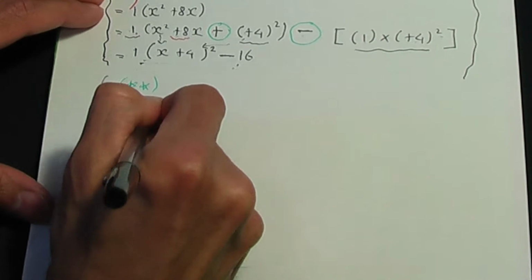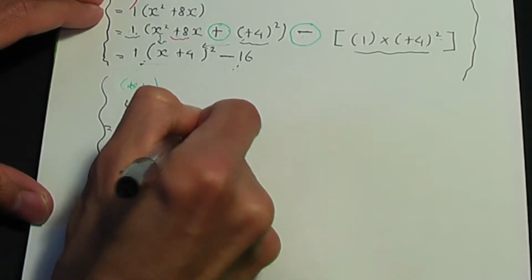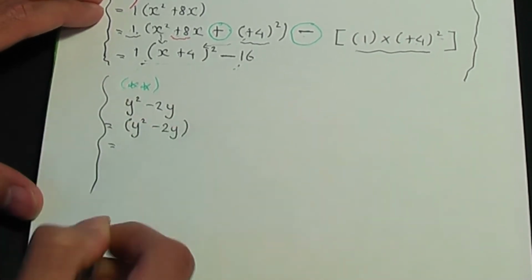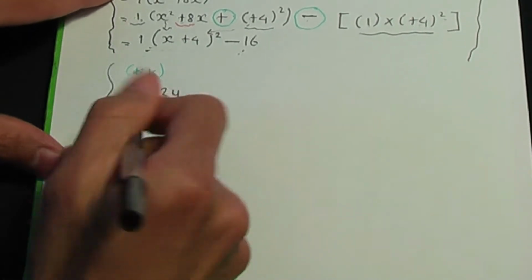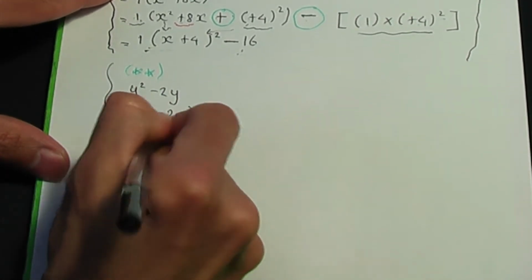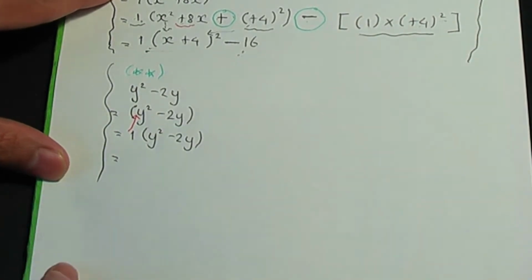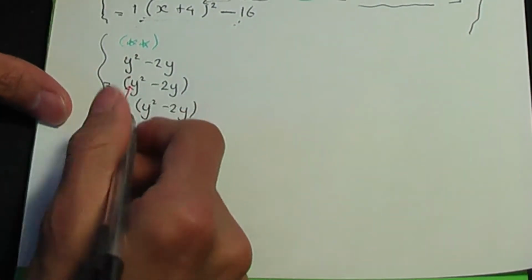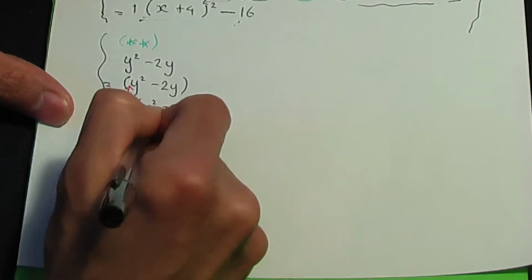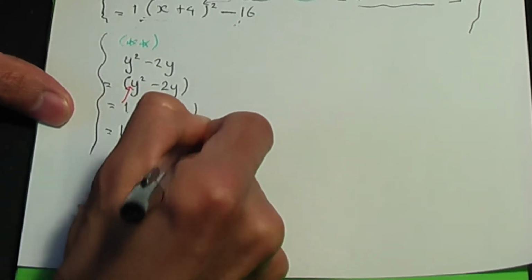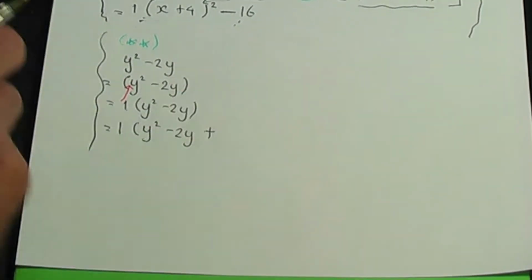Group the y squared and the y terms in a bracket. I'm going to take the plus 1 as a common factor, leaving me with y squared minus 2y within the bracket.